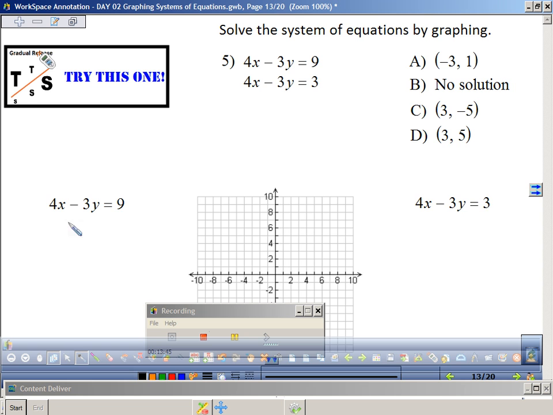All right, but when I solve for y, I get negative 3y is negative 4x plus 9. Divide both sides by negative 3.